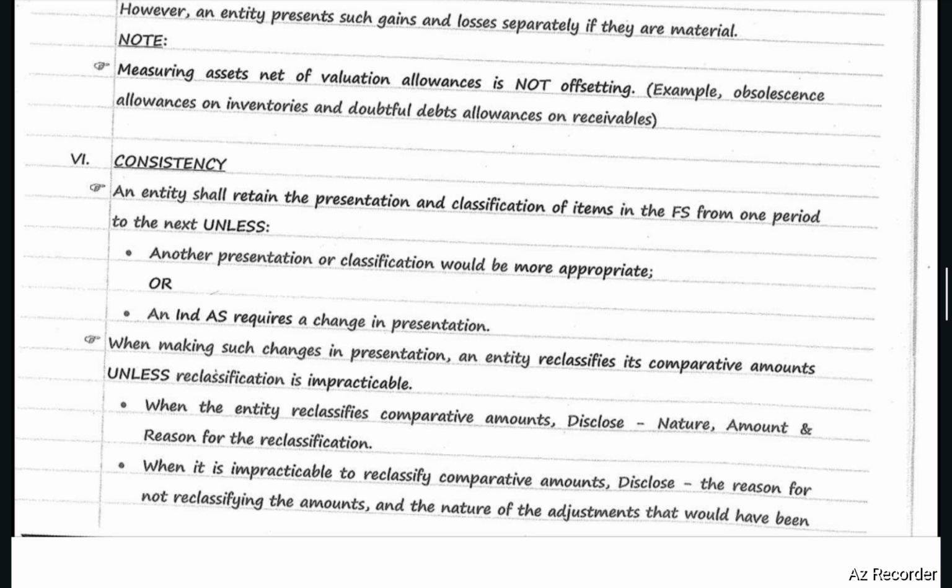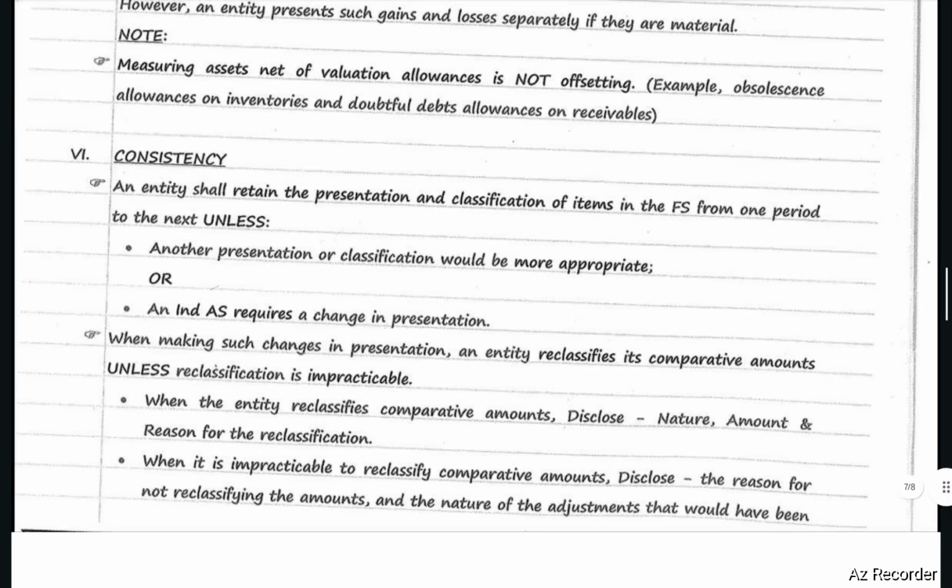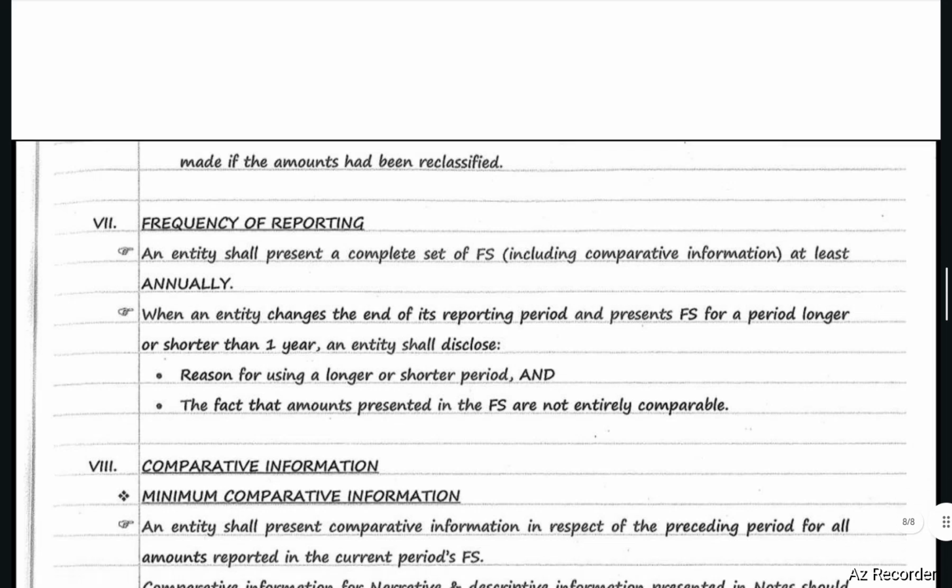When the entity reclassifies comparative amounts, disclose nature, amount, reason for the reclassification. When it is impracticable to reclassify comparative amounts, disclose the reason for not reclassifying the amount and the nature of adjustments that would have been made if the amounts have been reclassified.